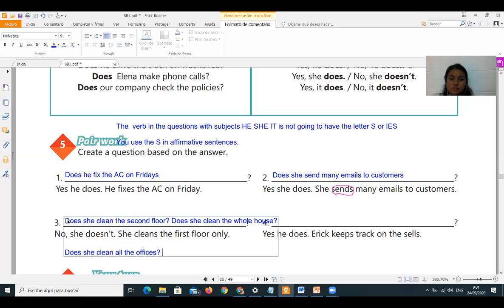All right. What about number 4? Yes, he does. Eric keeps track of the sales. What is the question? Does Eric keep track of the sales?